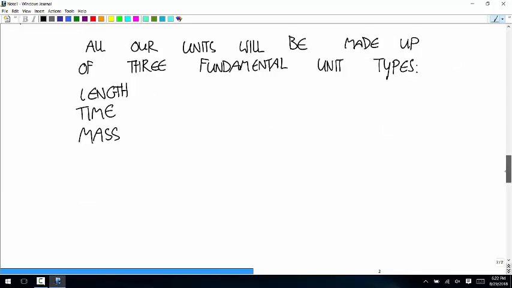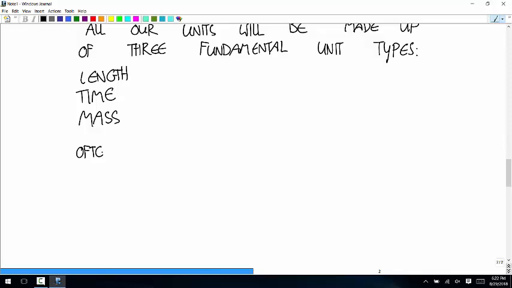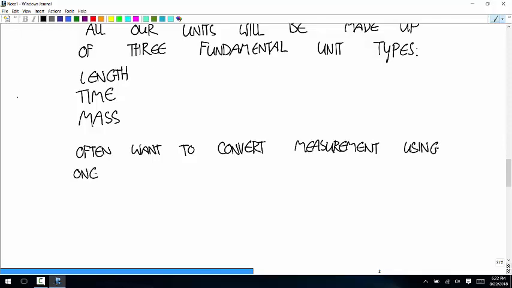But we'll often want to convert a measurement using 1 unit to a measurement in another unit of the same type.